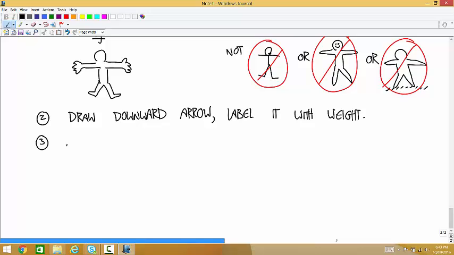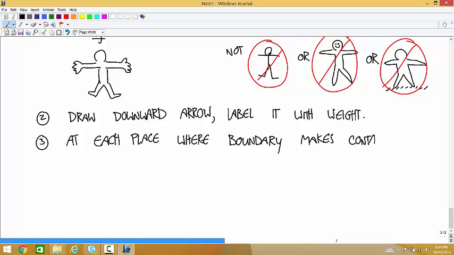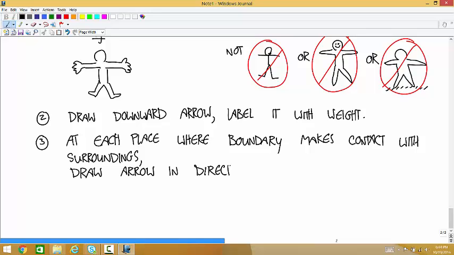And then third, at each place where the boundary makes contact with the outside world, or where the boundary makes contact with the surroundings, draw an arrow in the direction of that contact force.